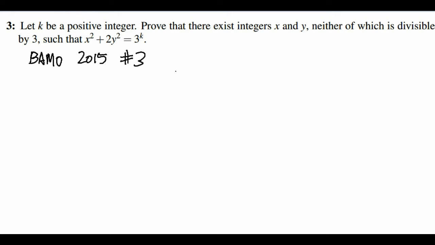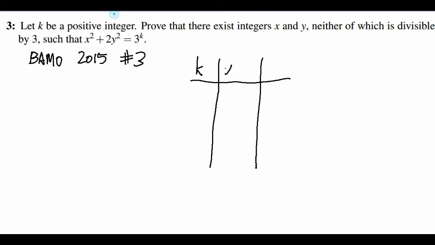So to start out, first instinct is to probably try out some values for k. So we can make a table here: k and xk, yk. We'll put the first few values in and see if we can find a pattern or something.